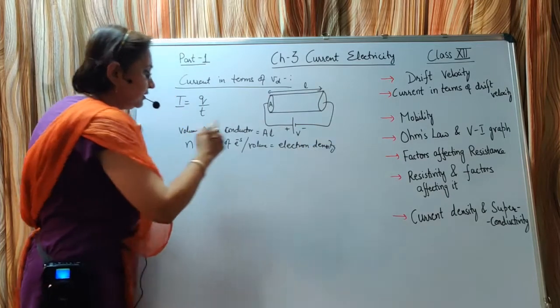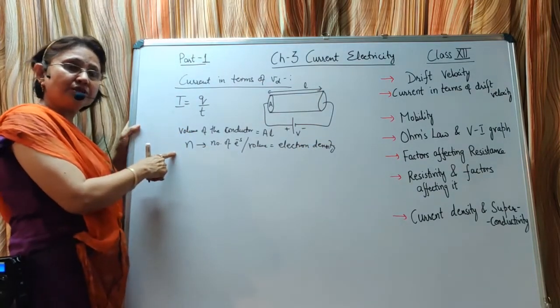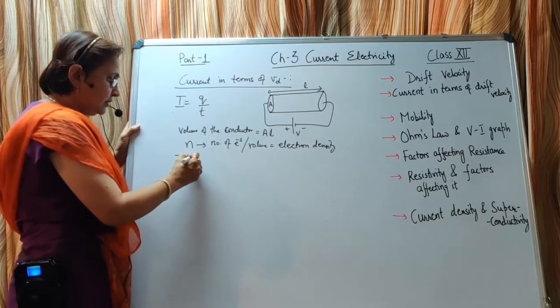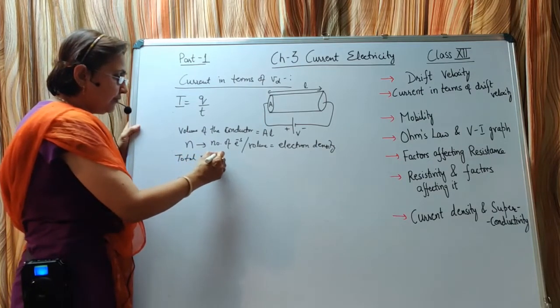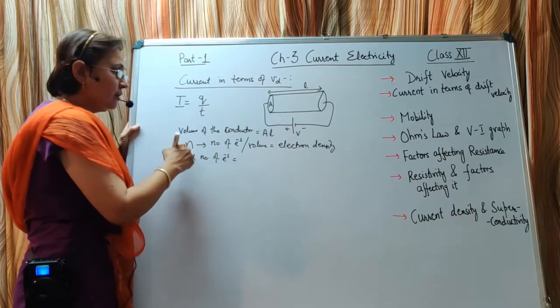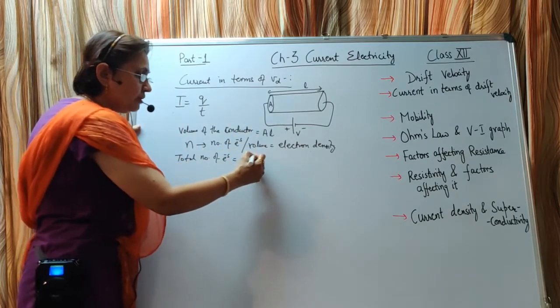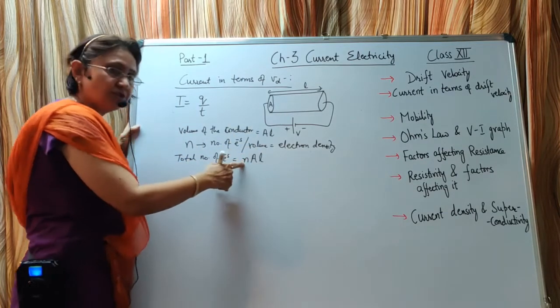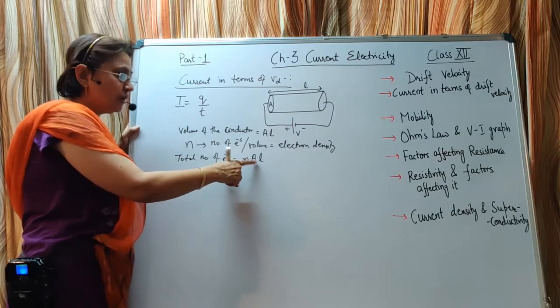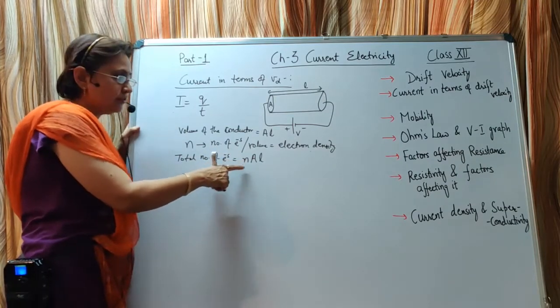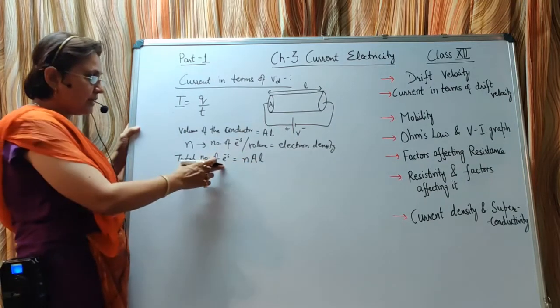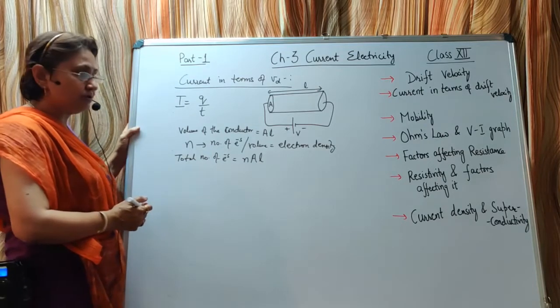Then the total number of electrons in the conductor will be equal to n into the volume of the conductor. The number density of the electrons, that is, the number of electrons per unit volume, multiplied by the volume of the conductor, will be the total number of electrons.